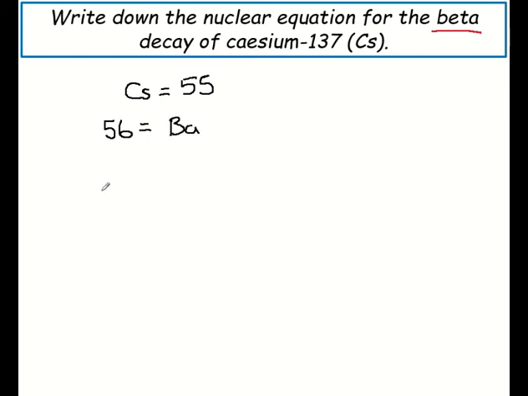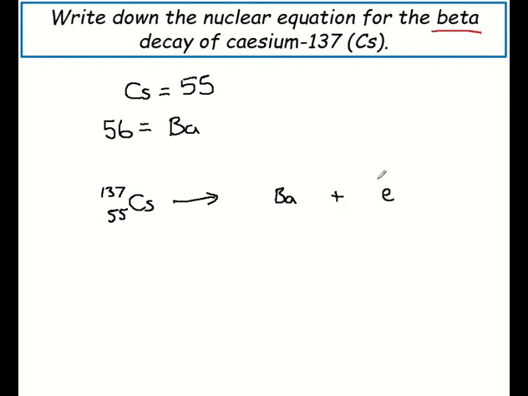Now the next thing we need to do then is actually write out our equation. So we're going to start off with our cesium. So we put cesium first of all, and we can see the mass number is 137, and its atomic number is 55. So 55 goes to the bottom. Now that is going to undergo this process of decay to form our barium, as we've just said, and an electron.